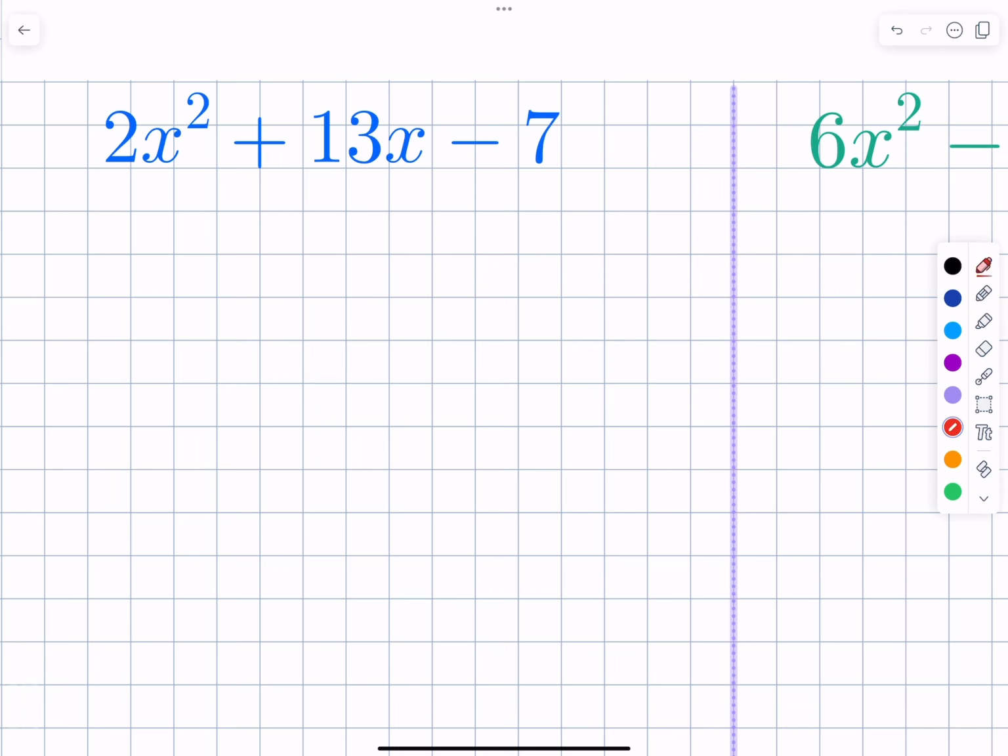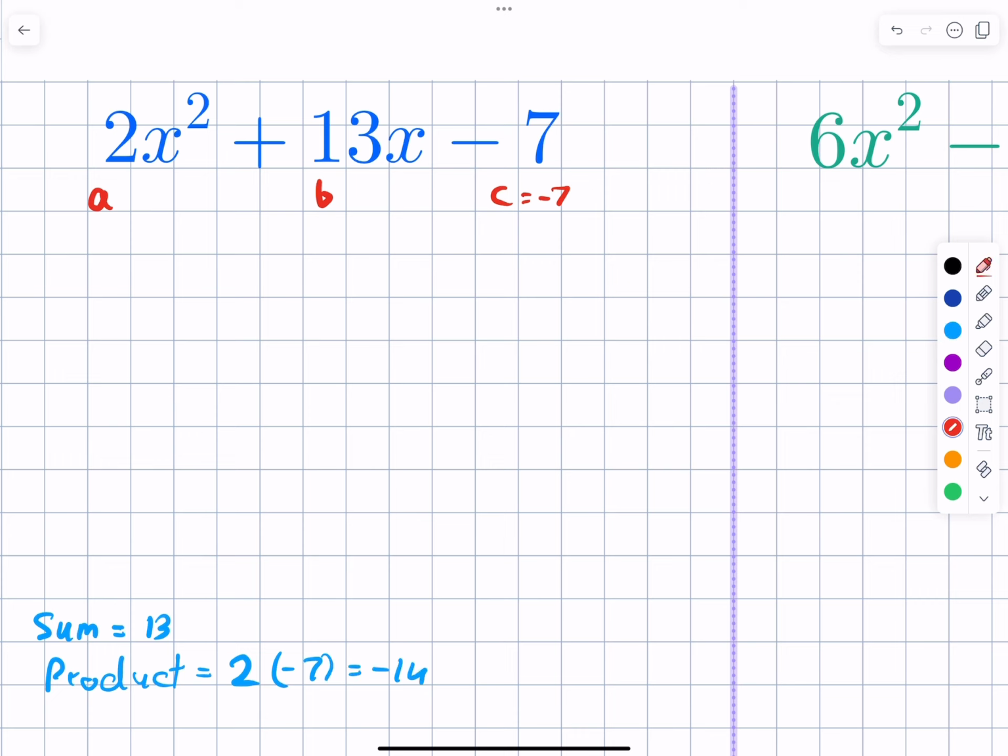Let's now move on to another example. a is equal to 2, and b is 13, and c is negative 7. So we need to find two numbers that add up to the middle number 13, and multiply to a by c, which is 2 times negative 7, which is negative 14.